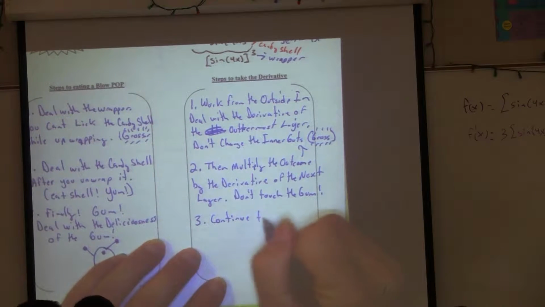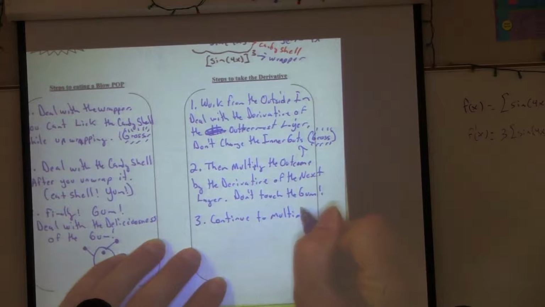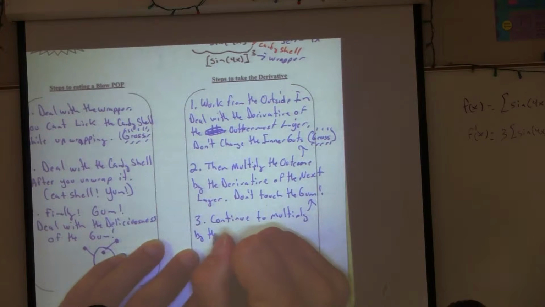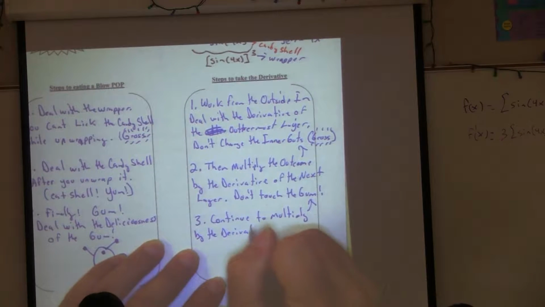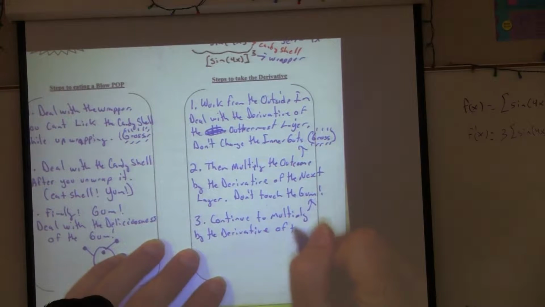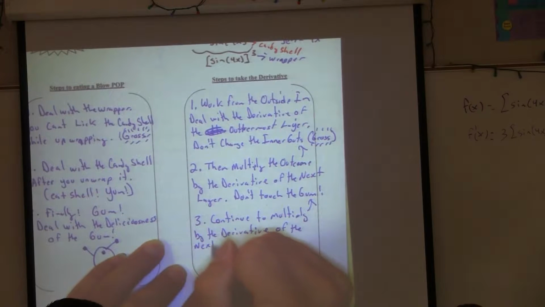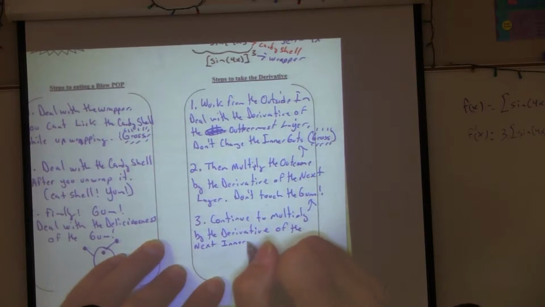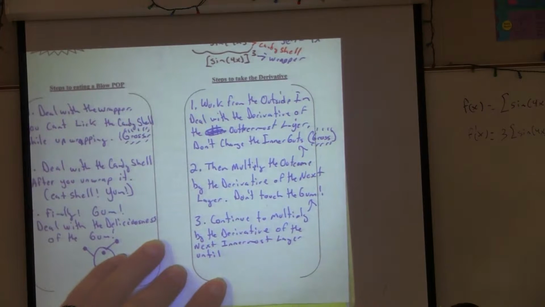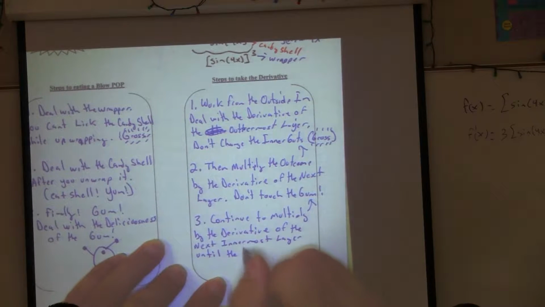So continue to multiply whatever you got by the derivative of the next innermost layer until the last layer is dealt with.